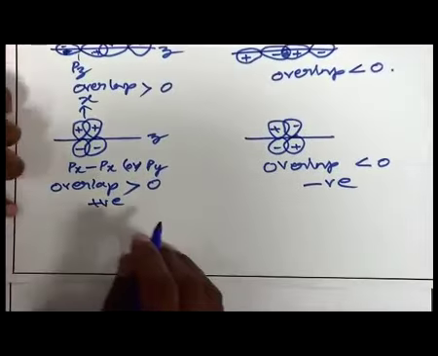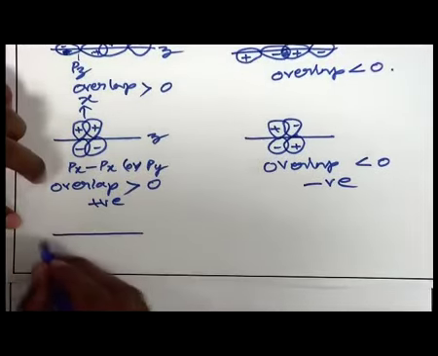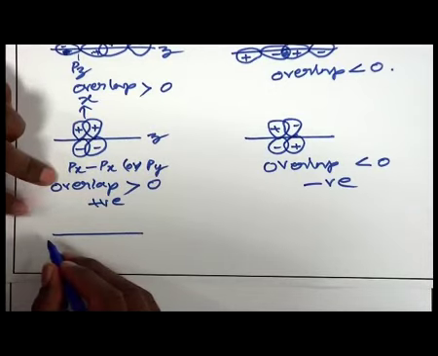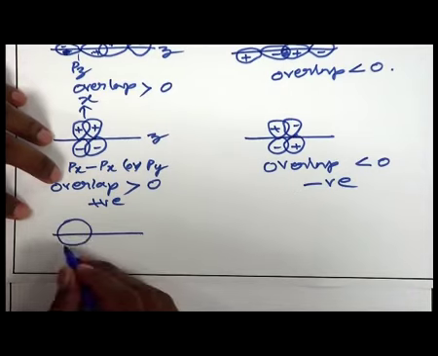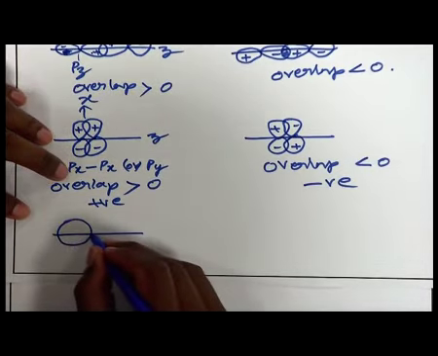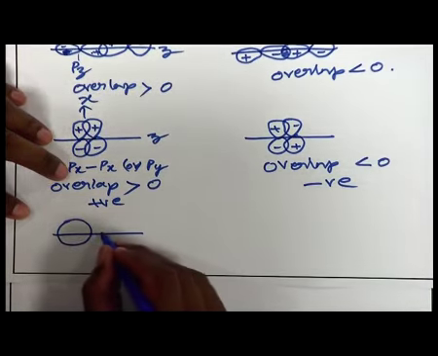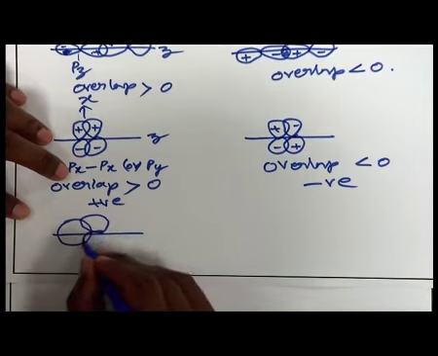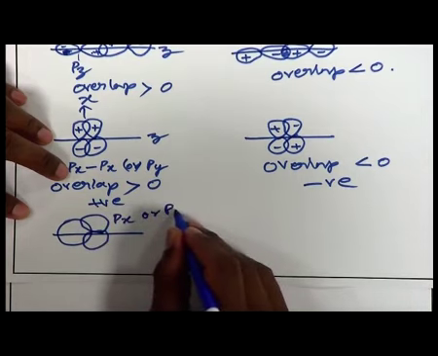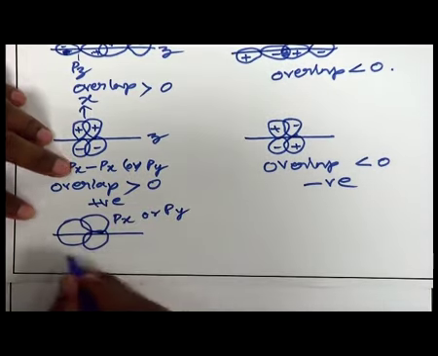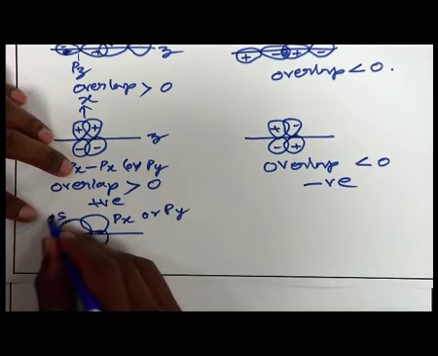If you take an s orbital on one axis, and then draw an s orbital which is combining with a p x or p y orbital, here this is a 1s orbital or s orbital.